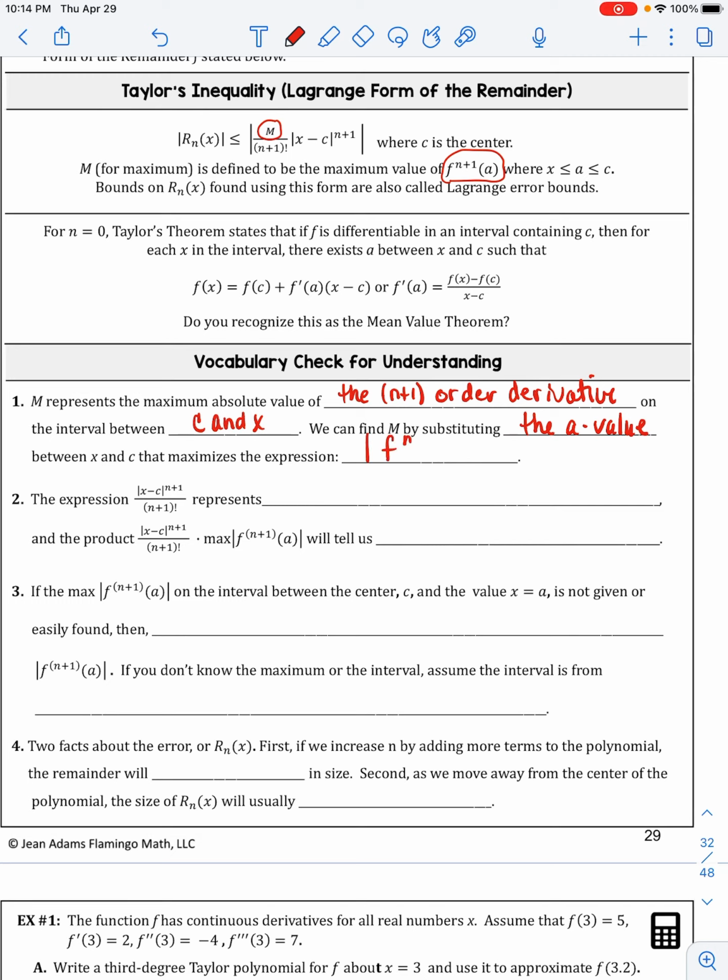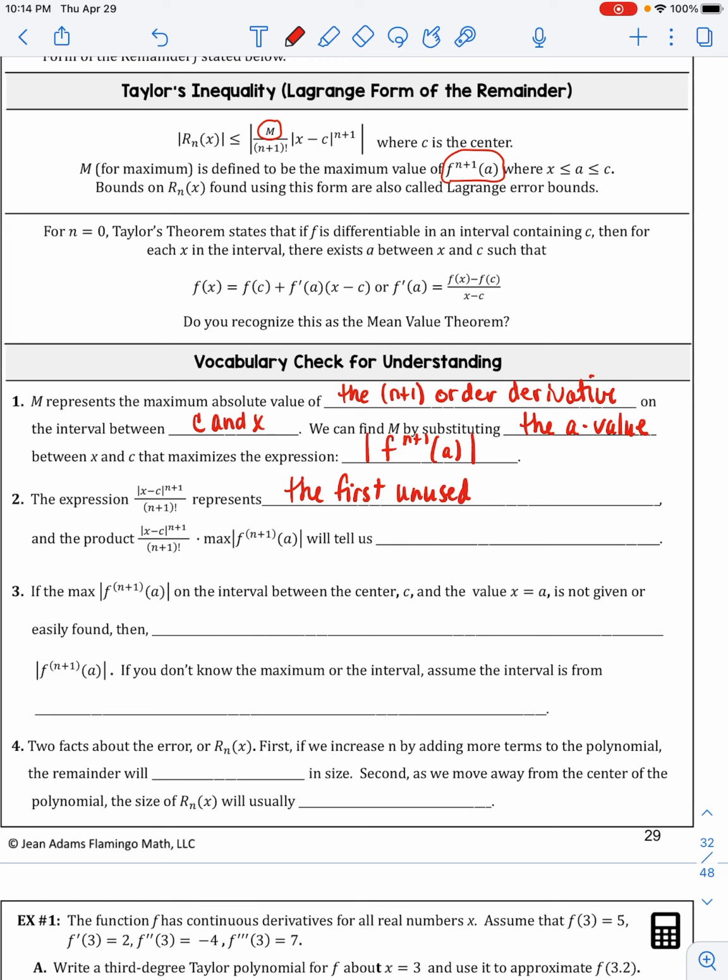We can find M by substituting the a value between x and c that maximizes the expression, the absolute value of the n plus first derivative at a. So whichever number maximizes it.